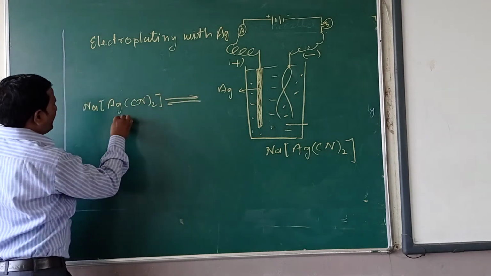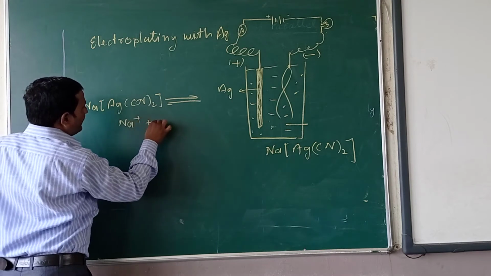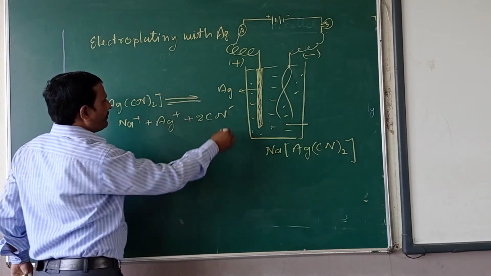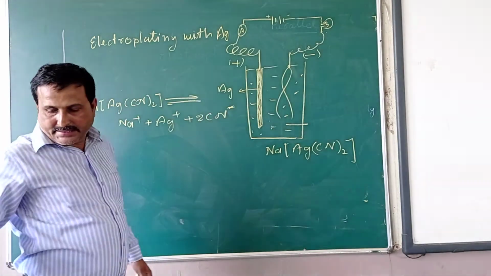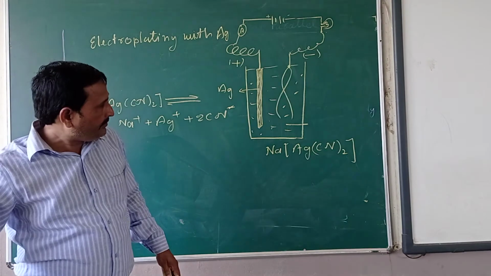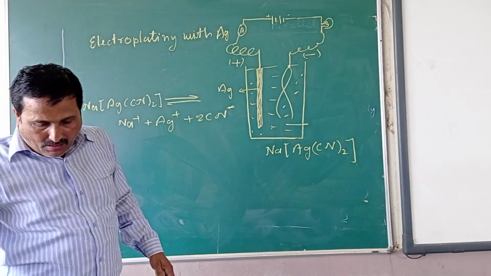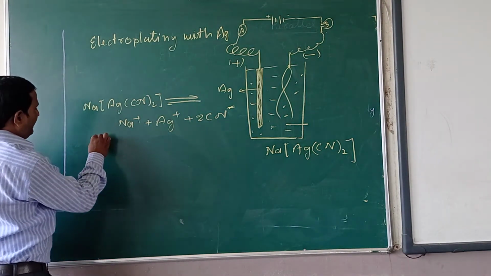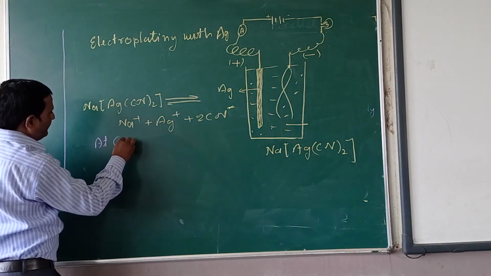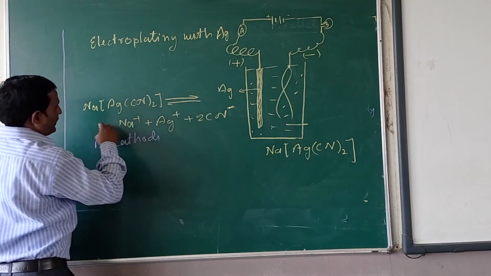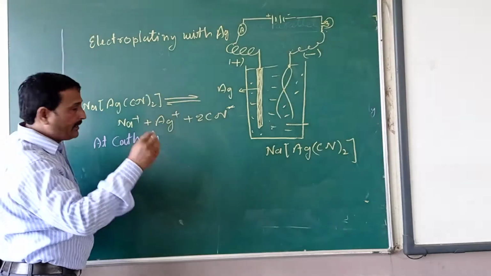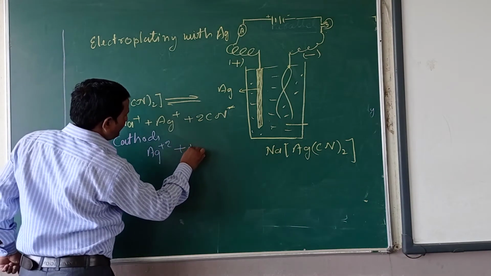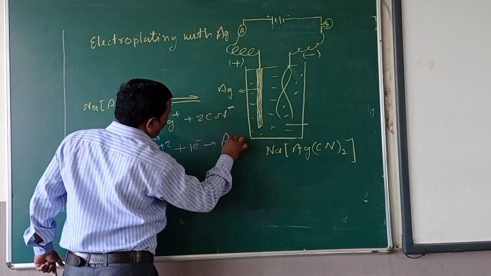On electrolysis, it gives sodium ion, silver ion and cyanide ions. The same reaction will take place. At the cathode, silver ion gains an electron and forms silver metal.